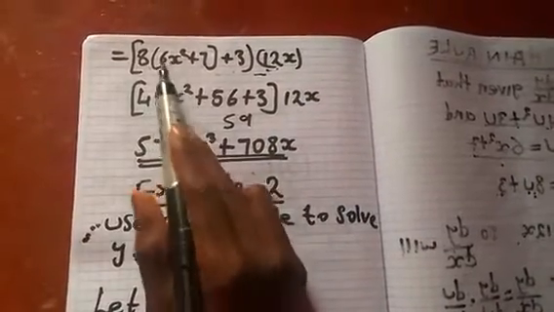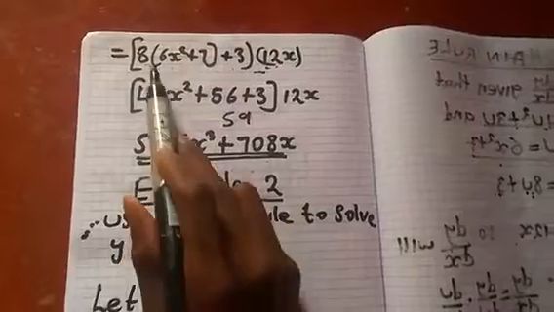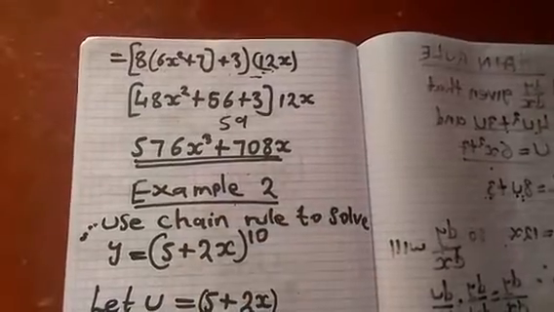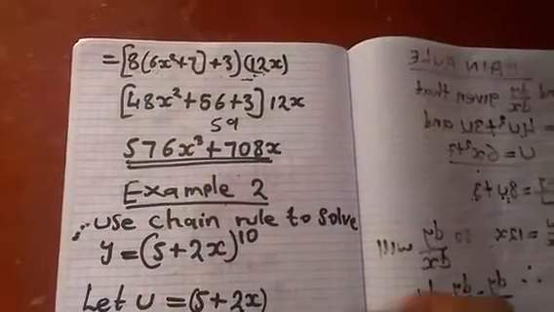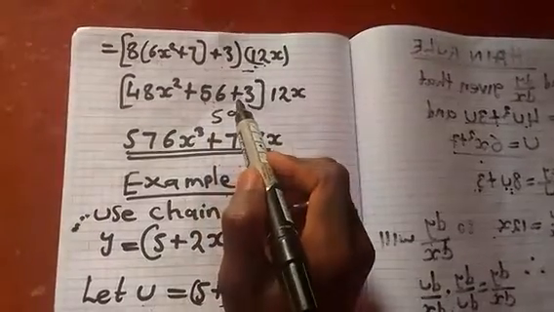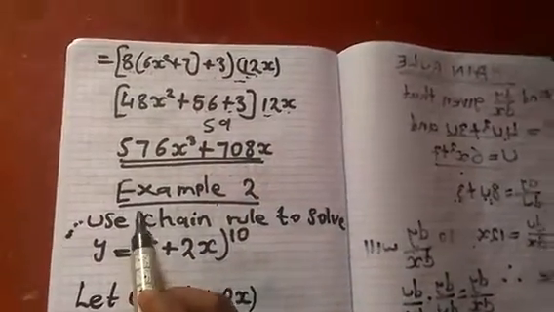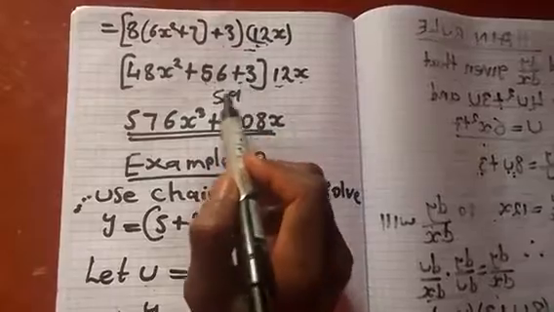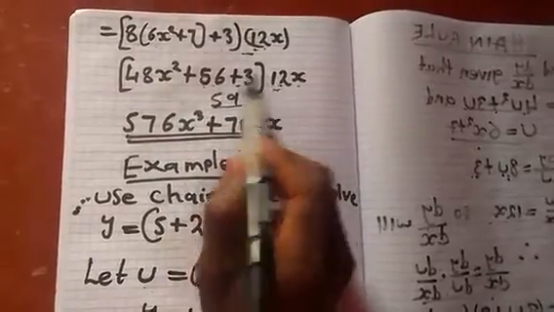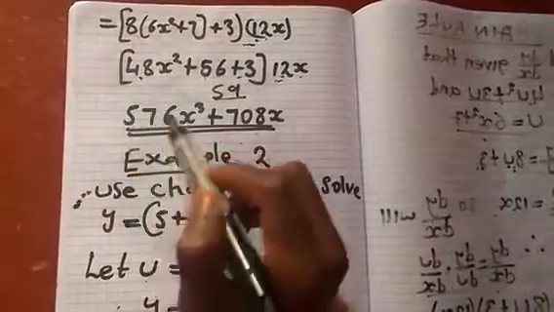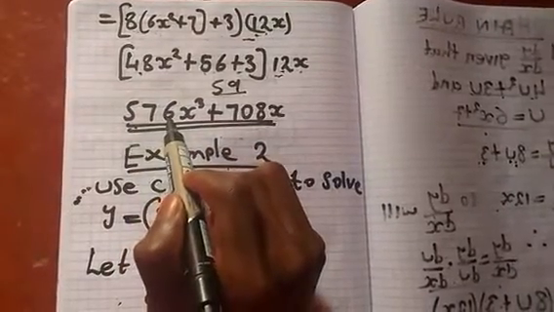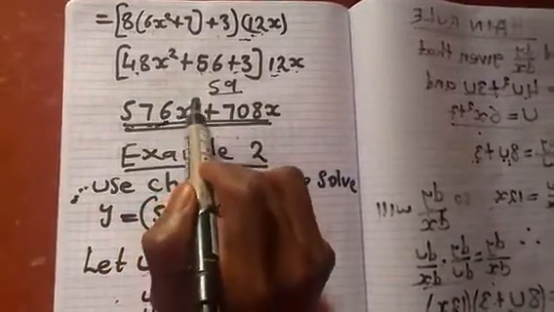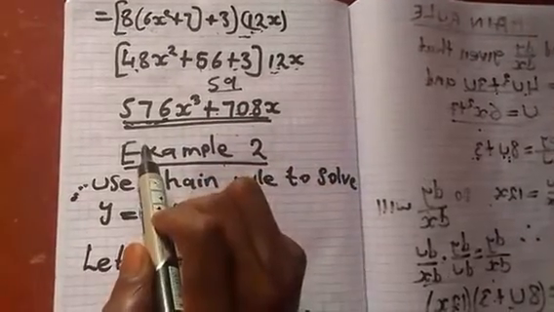When we multiply the internal brackets first, 8 multiplied by 6x squared is 48x squared, plus 56, plus 3, multiplied by 12x. Then 56 plus 3 is 59. So 12 multiplied by 48x squared, we get 576x cubed plus 708x.